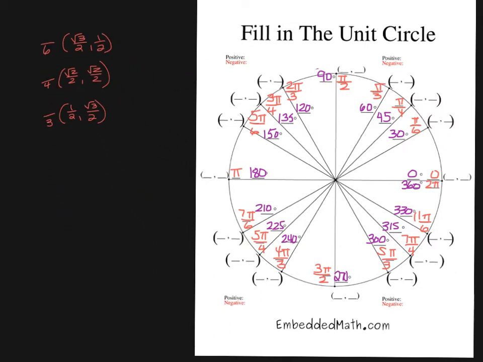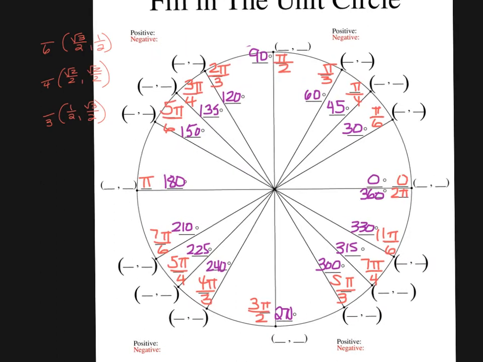So now I'm going to fill in all those ones around the unit circle. So all the over 6s are root 3 over 2 and 1/2.